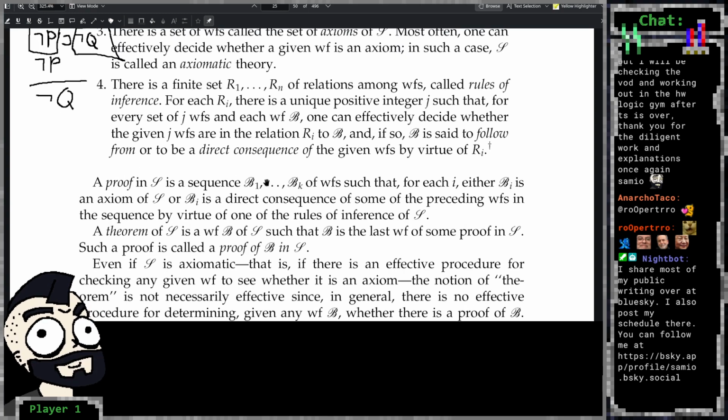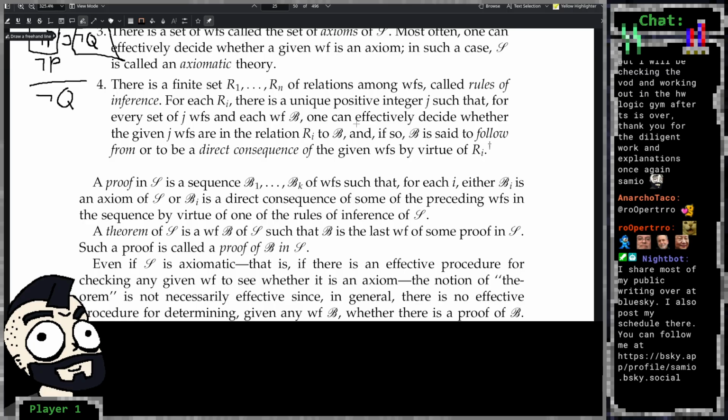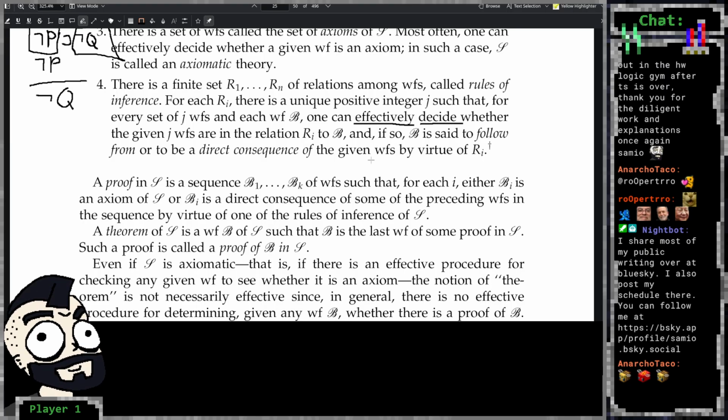And the idea is that we can chain these well-formed formulas between premises and conclusion, and we can have an effective decidable method to see if the formula follows or doesn't follow from beta. Beta here is an arbitrary set of premises.